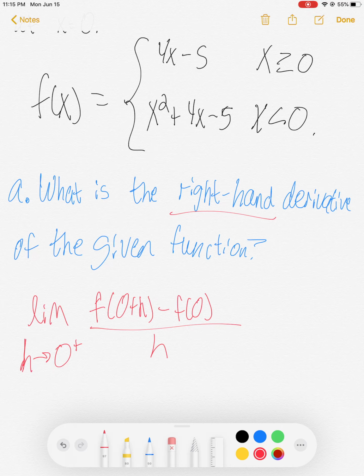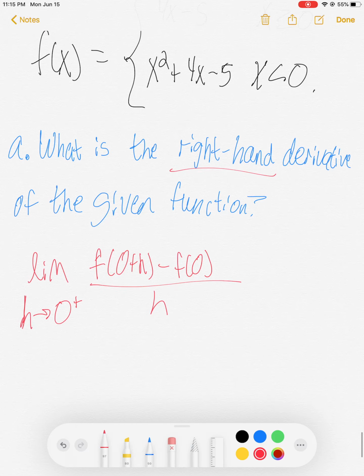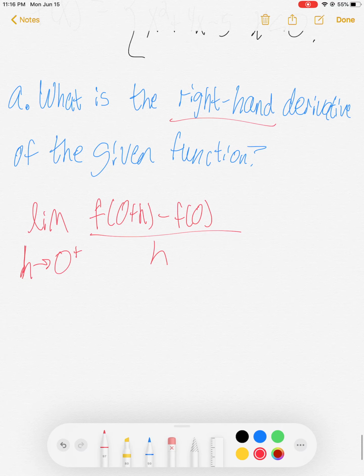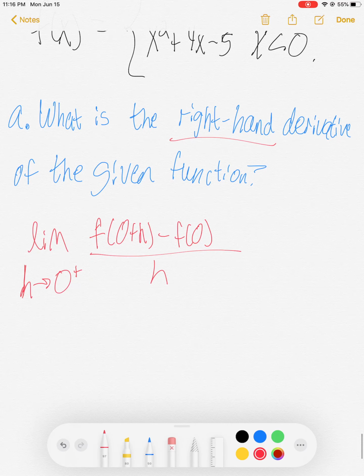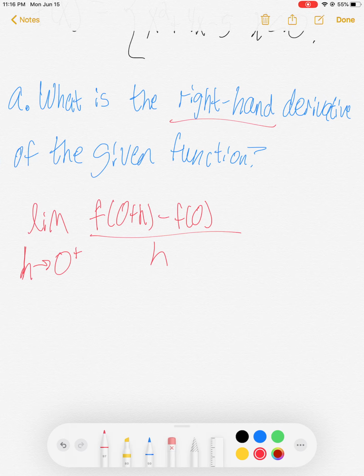Okay, so what we want to compute is the limit as h approaches 0 from the positive side, because we want the right-hand derivative, of f of 0 plus h minus f of 0 over h.